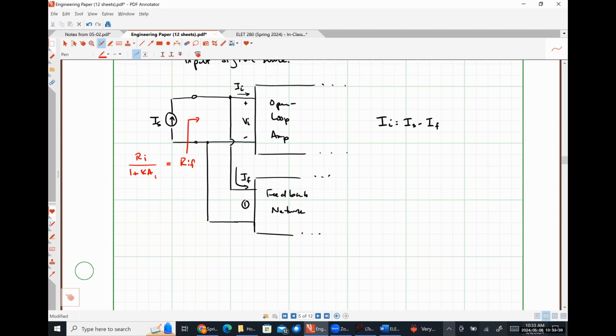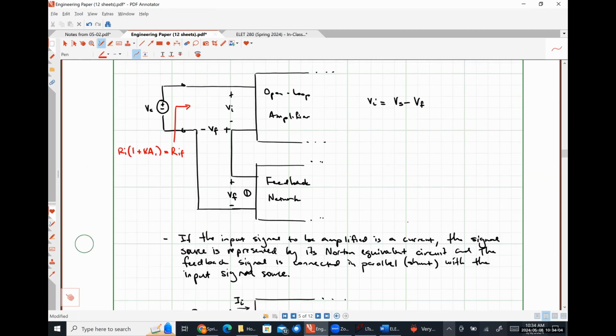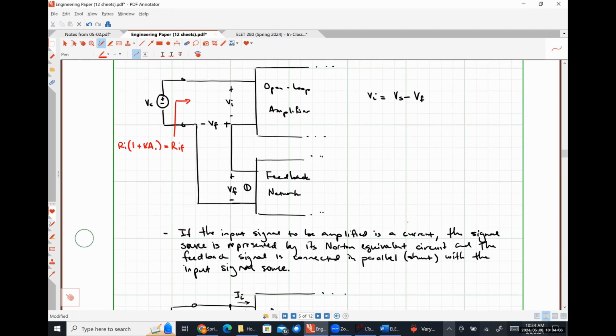All right, so effectively, we now understand the basics. If we want a voltage amplifier, meaning that our input signal is a voltage and our measured output signal will also be a voltage, we need to connect our feedback network in series on the input side and in parallel on the output side.